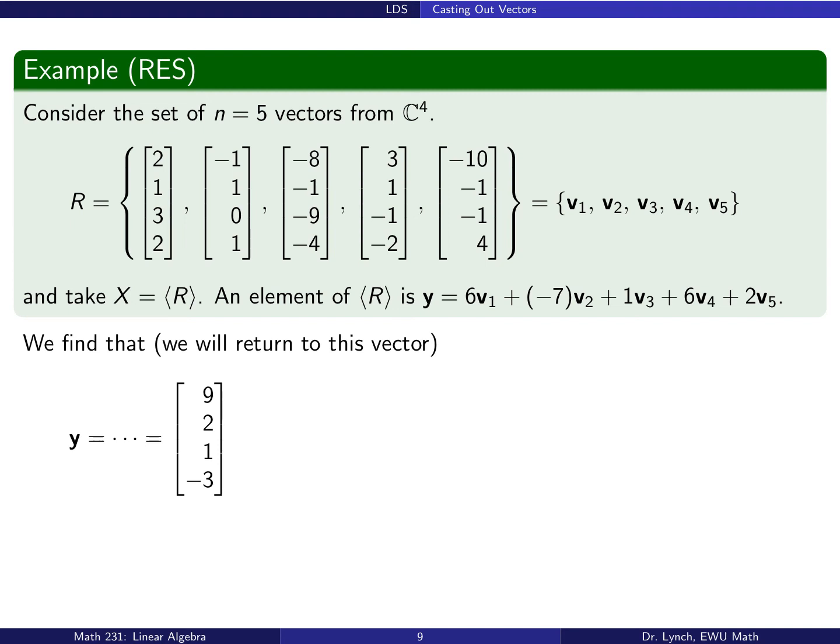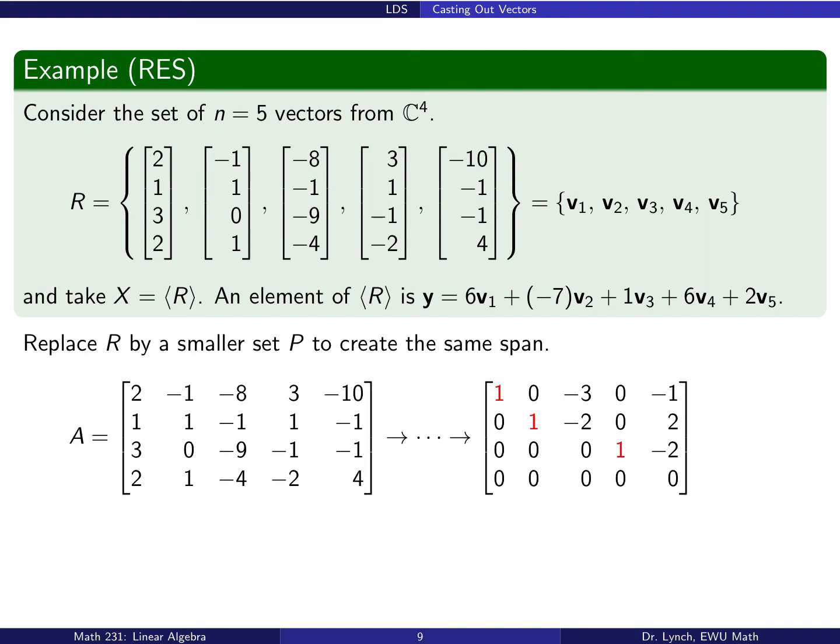Okay. Now, of course, this set is linearly dependent, so we can apply our theorem and cast out redundant vectors to keep the same span. Okay, so again here, we would keep the first vector, the second vector, and the fourth vector.